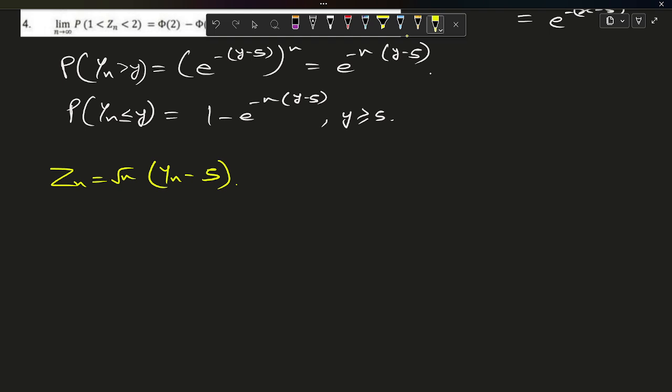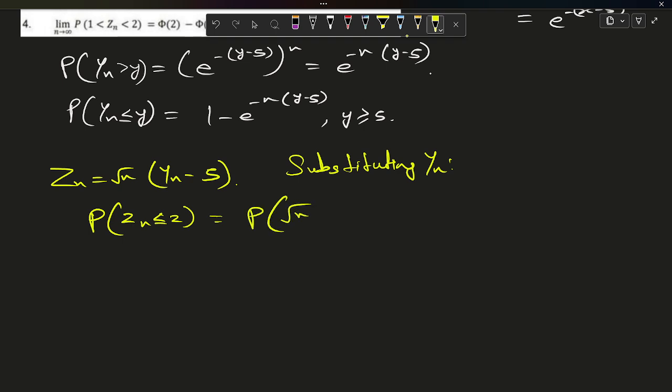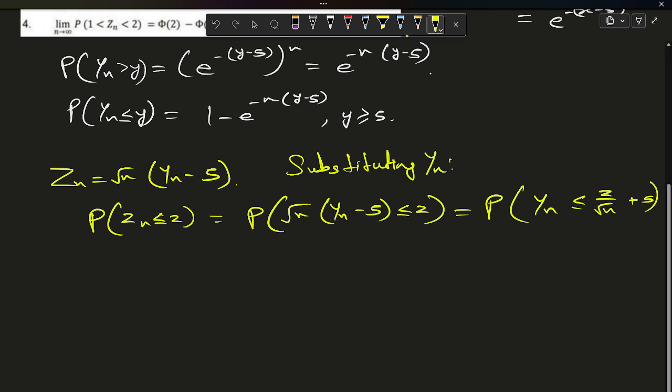Substituting, P(Zn less than or equal to z) equals P(root n (Yn minus 5) less than or equal to z), which equals P(Yn less than or equal to z by root n plus 5).